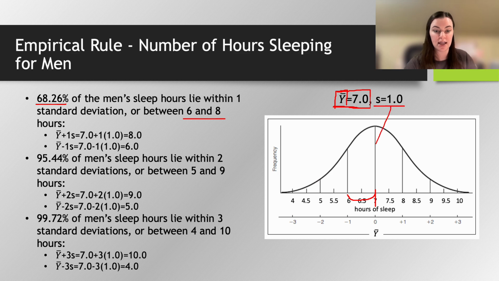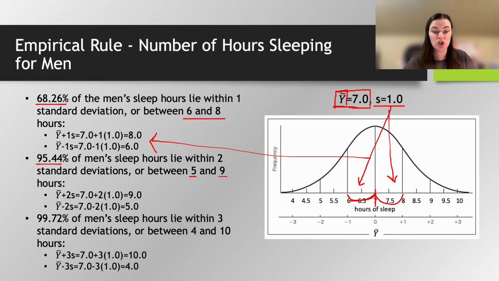And again, I'm just getting that from our information here. So 1 hour below and 1 hour above our mean. So I'm doing a +1 and a -1 here, which is what you see in my calculations off to the left. Secondly, we would suspect that approximately 95% of men would sleep between 5 and 9 hours of sleep per night.